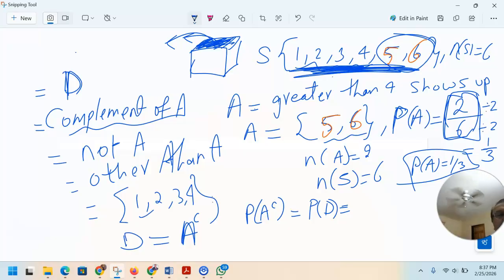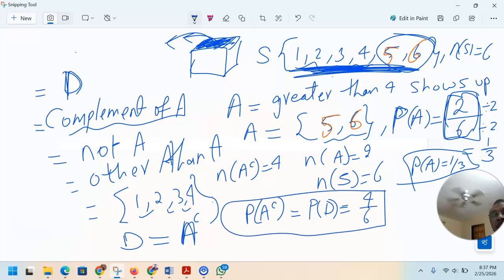So you can see there are four of them, and n of A complement is 4. You just write 4 out of 6.